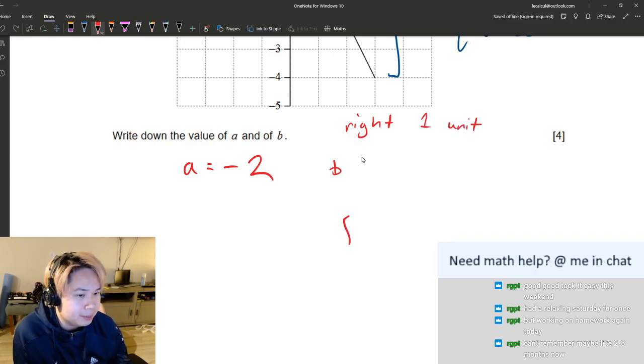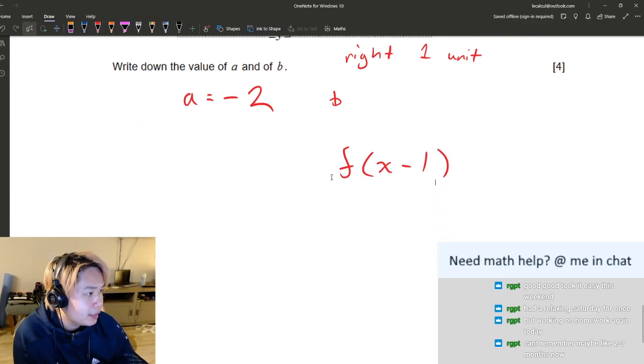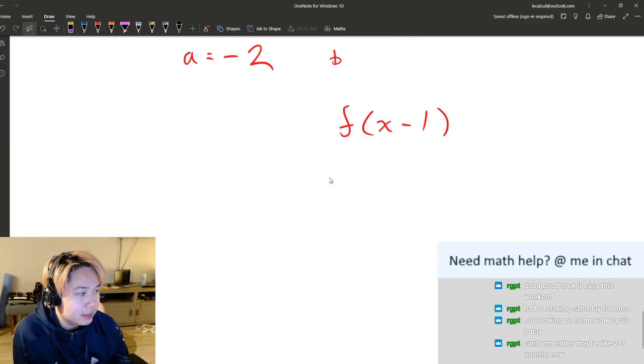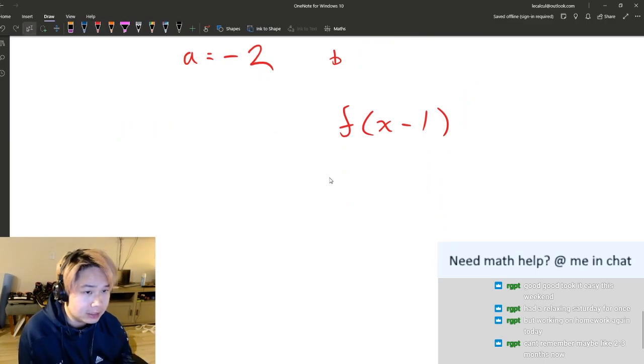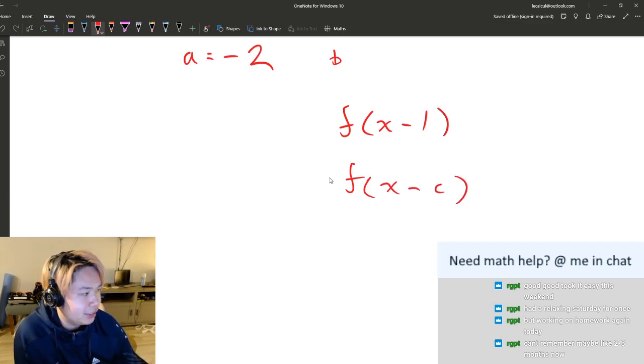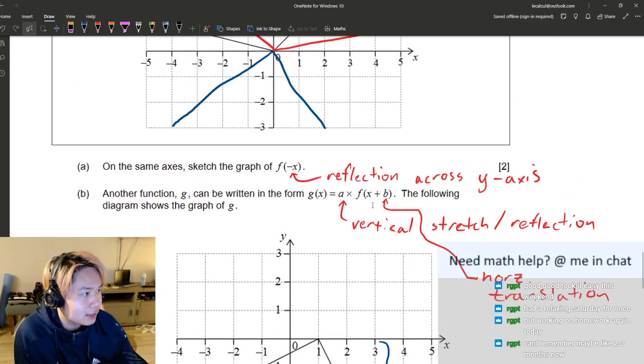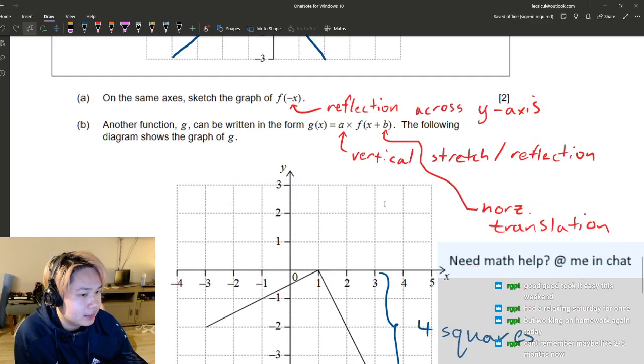Now, normally what that means is that you would write this as f of x minus 1. And typically, well, not typically, but the general formatting is you write it in general format with a subtraction. But if you notice the question, they're a little bit mean, and they say it's plus.